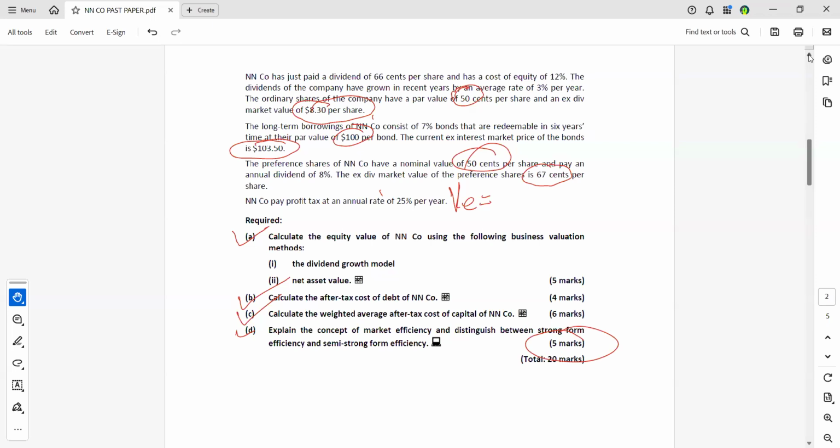And this one is coming from the efficient market hypothesis. Explain the concept of market efficiency and distinguish between the forms, including strong form efficiency. Now, another form of this question which could have been examined is when we were to talk about the pecking order theory. Okay? B, you could have been talking about capital rationing.